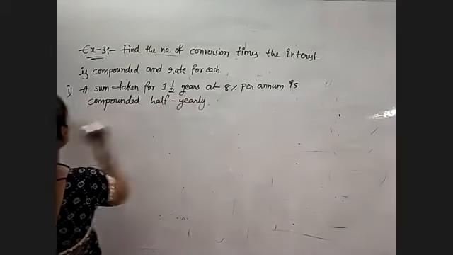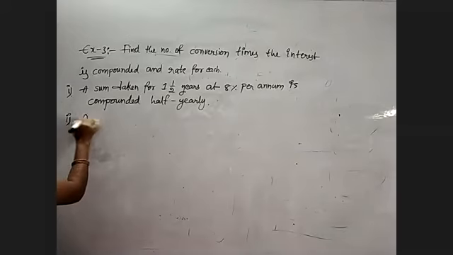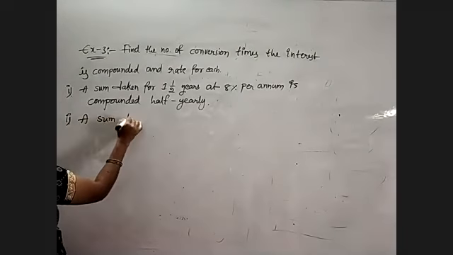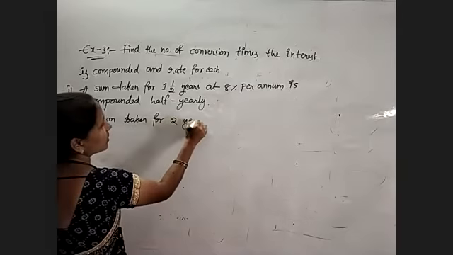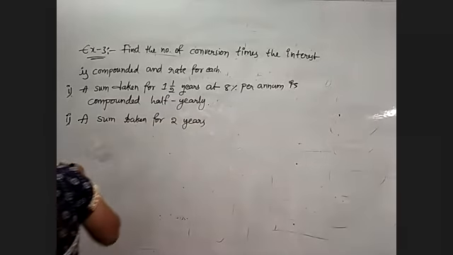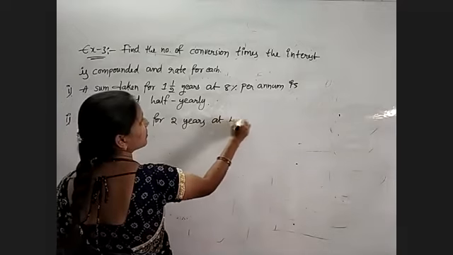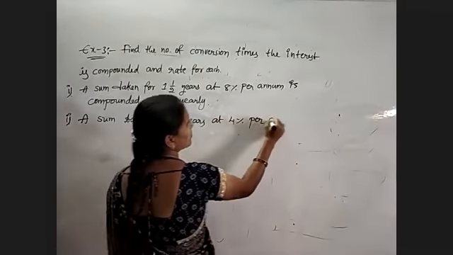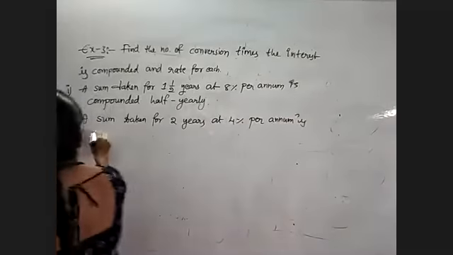And the second question is given: a sum taken for 2 years at 4% per annum is compounded half yearly again.